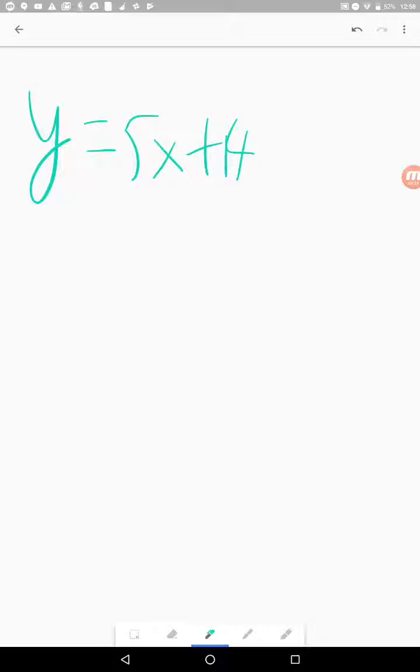Let me rewrite that. Here we go. And they want us to find a point parallel to this equation with the given point of 1, 5.